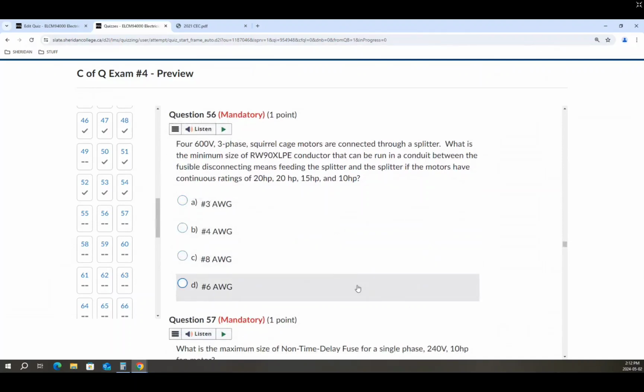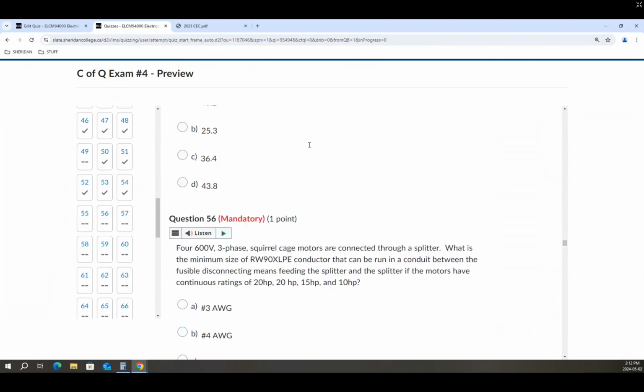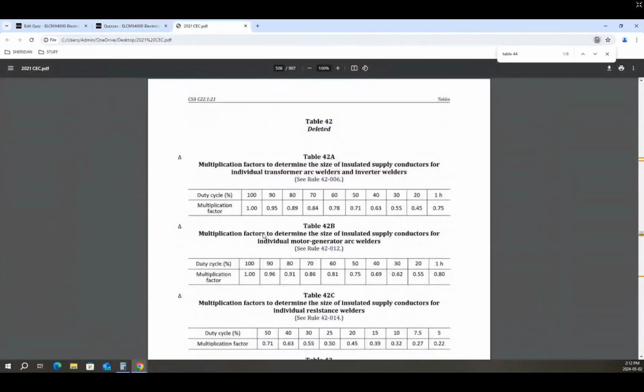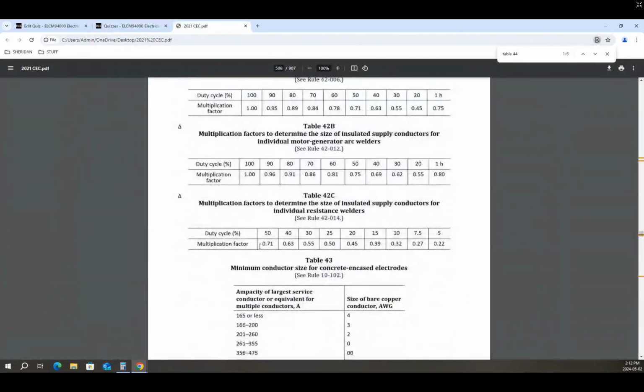56. 4 600-volt three-phase squirrel cage motors. Oh, where are we getting synchronous FLA is 35? Back to 55. Where am I screwing up here then?